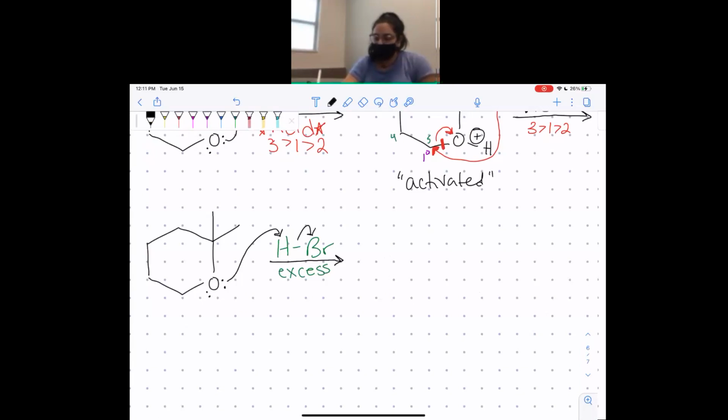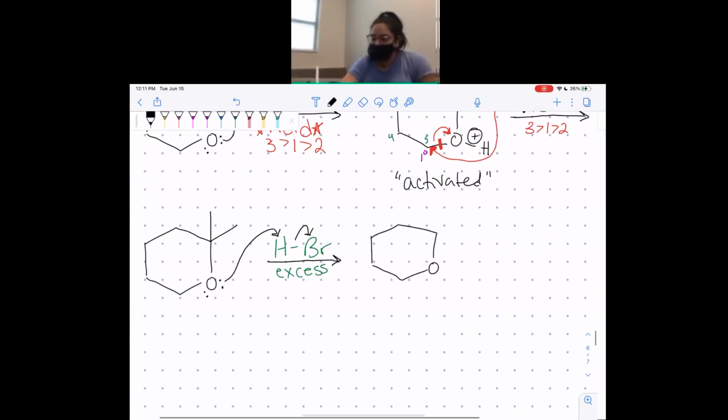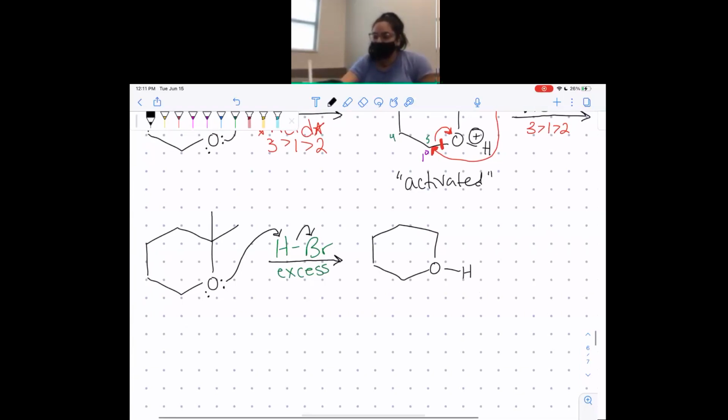When we protonate, we get what charge? And while you guys answer that, someone said, is it always going to be HBr? It doesn't have to be HBr, it's just going to be H some halogen.